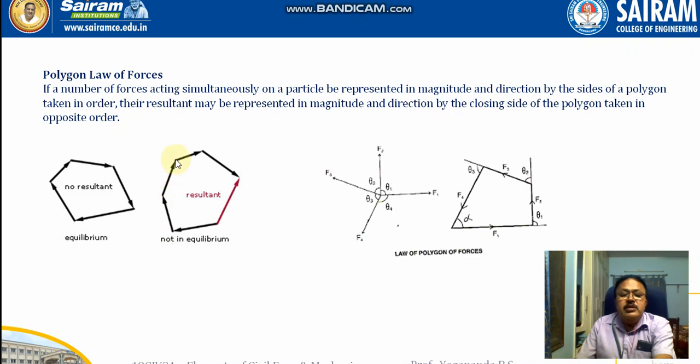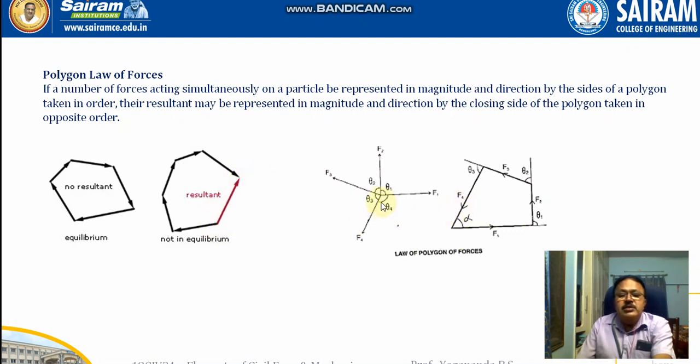These are the forces taken in the order. If the resultant comes in the same order, then it would have to be in the downward direction, but the resultant is taken in the opposite order.